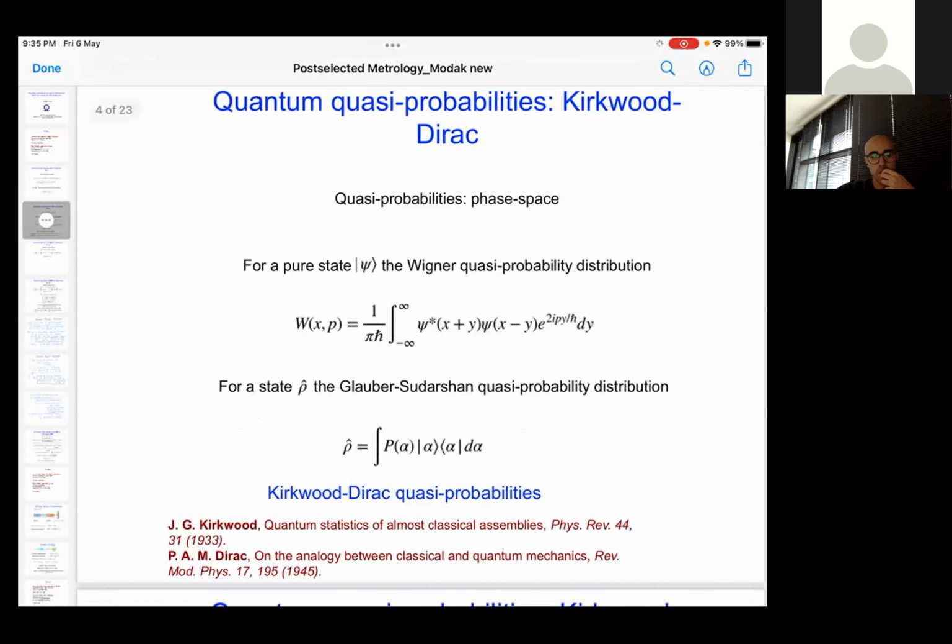This is the paper on the Kirkwood-Dirac quasi-probability distribution. If anyone wants to know more, you can see the paper. Further, when Kirkwood introduced this quasi-probability distribution, it was further contributed to by Dirac. This is why the name is after Kirkwood and Dirac.